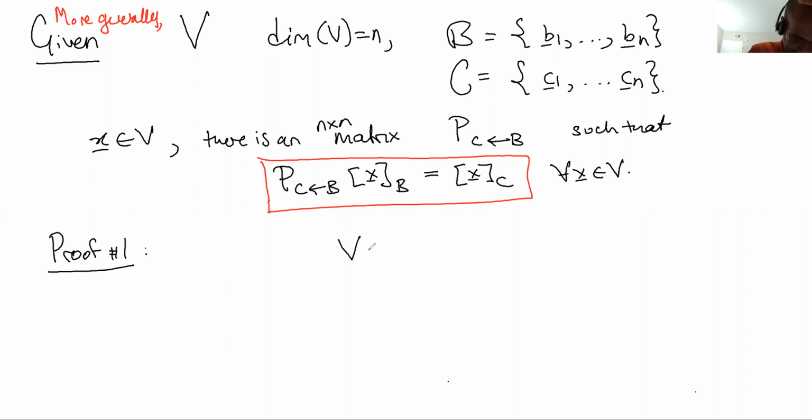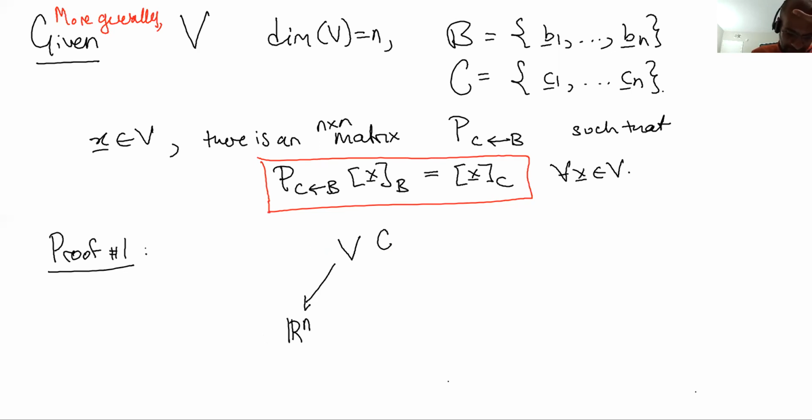The picture is that I have V, and now I have two different isomorphisms to Rn. I have a B basis and a C basis of V. I won't give it a fancy new name.